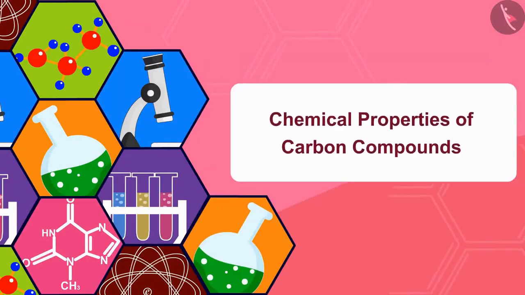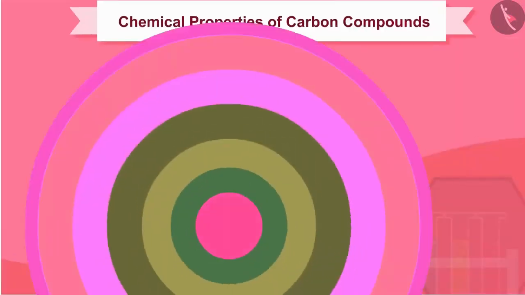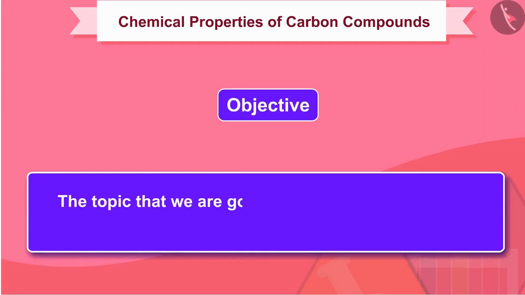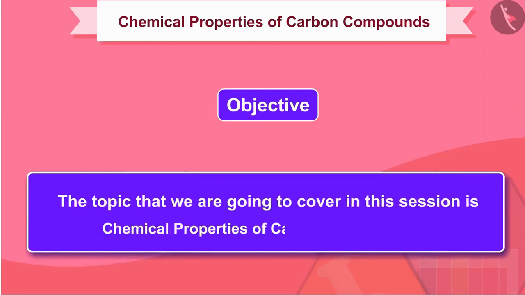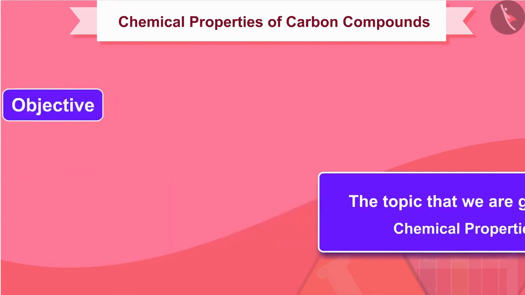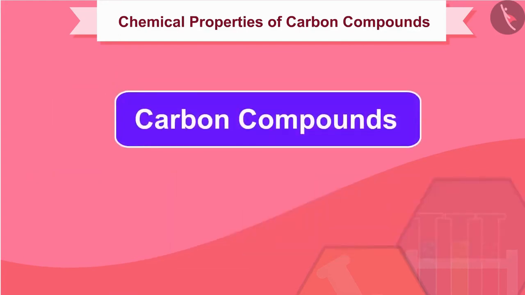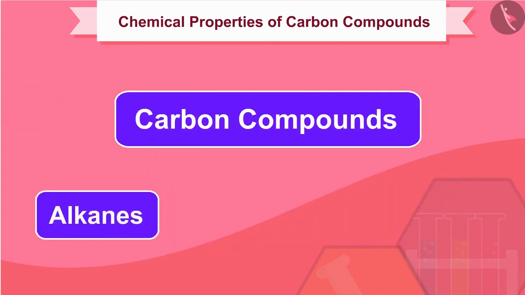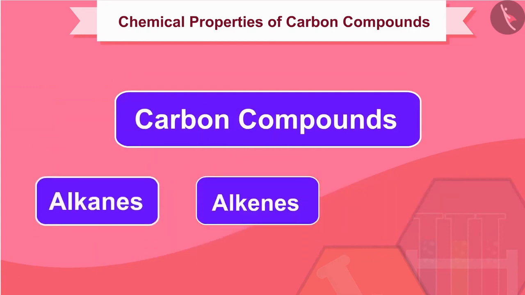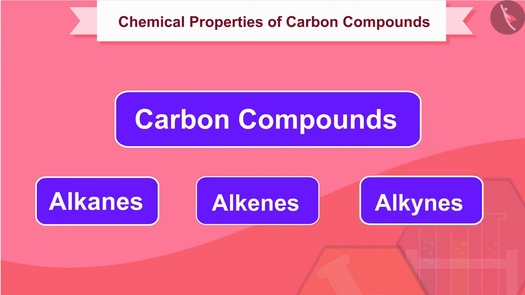Welcome to this video session. The topic that we are going to cover in this session is chemical properties of carbon compounds. Friends, the most common carbon compounds are hydrocarbons, which are alkanes, alkenes, and alkynes.